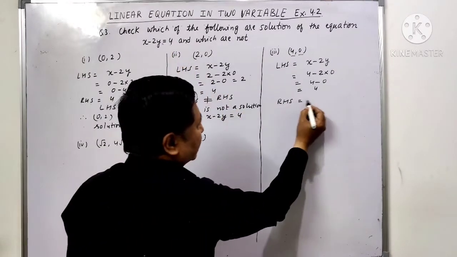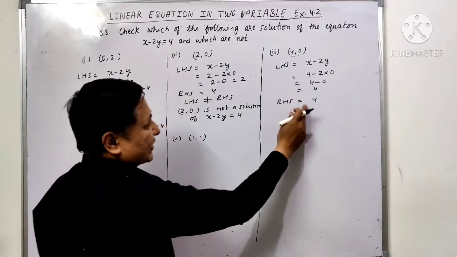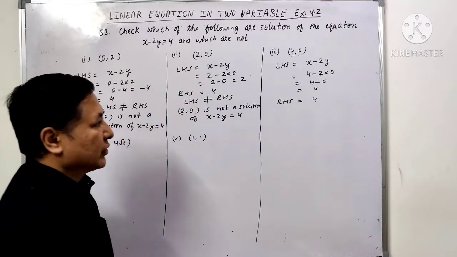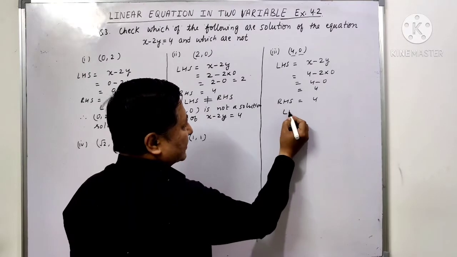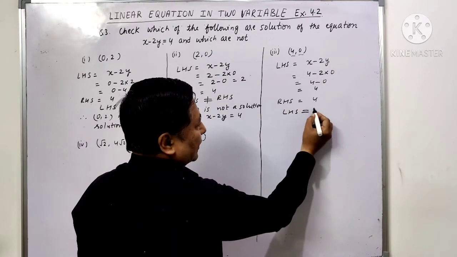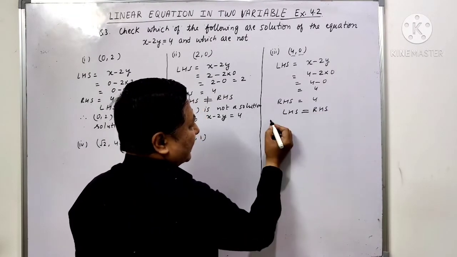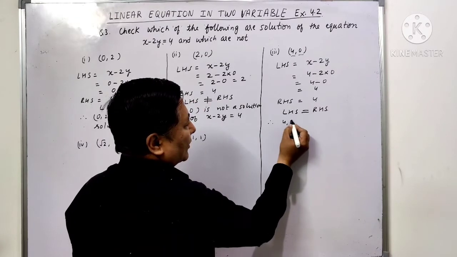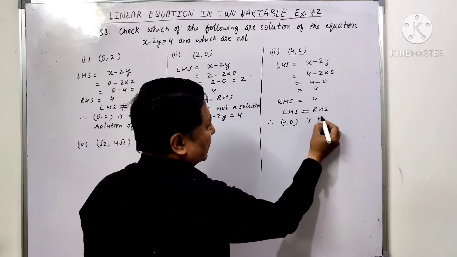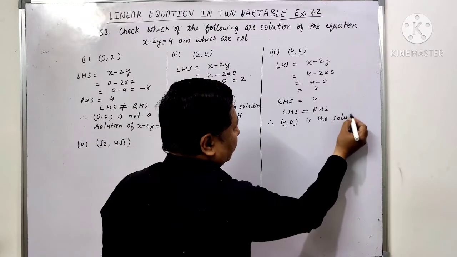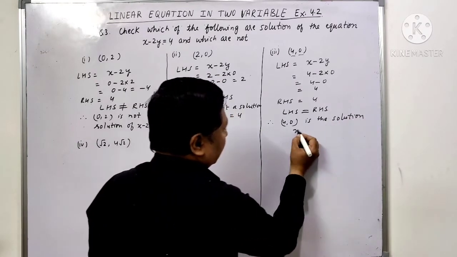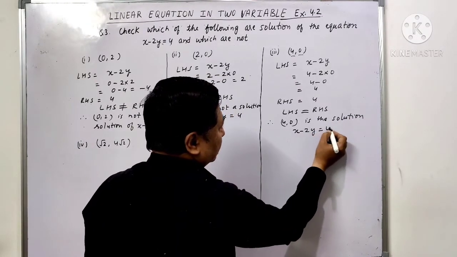So in this case, you can see that left hand side and right hand side are both equal. So LHS equals RHS. Therefore we can say that (4, 0) is a solution of x minus 2y equals 4.